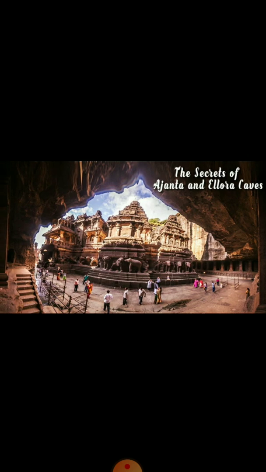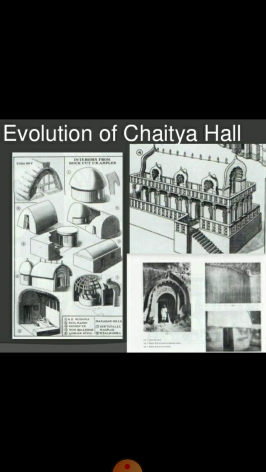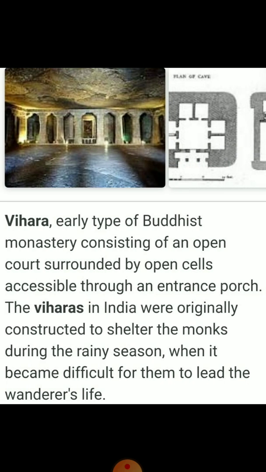Within these caves, there were prayer halls called chaitya, and the rooms assigned to the monks and nuns to stay, called vihara, were originally constructed to shelter the monks during the rainy season when it became difficult for them to lead the wanderer's life.